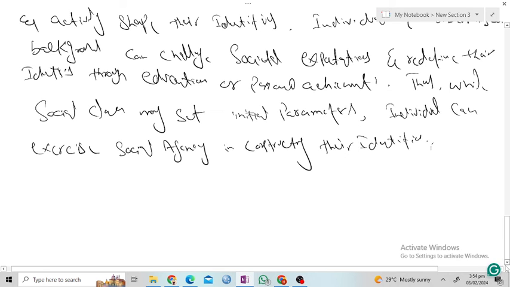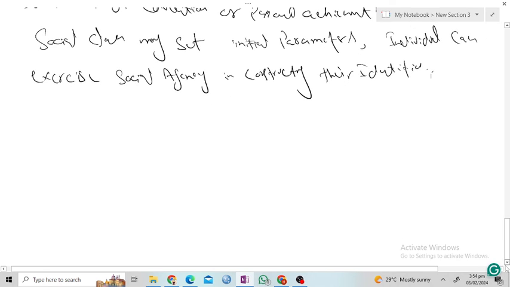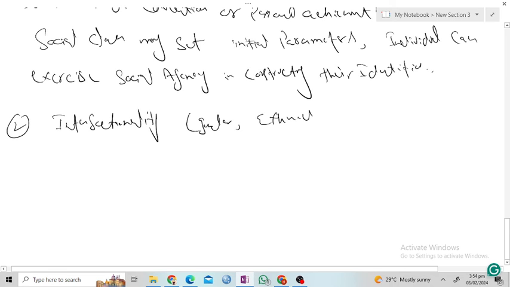Other arguments you may give, for example, intersectionality, in giving argument against the view of the question. With intersectionality, you might add factors such as gender or ethnicity or sexuality, race, anything.